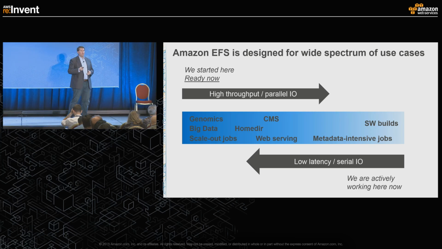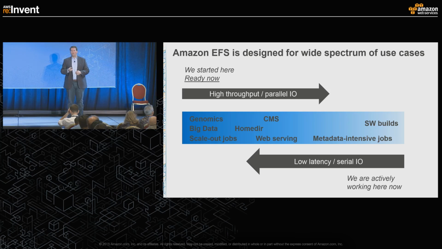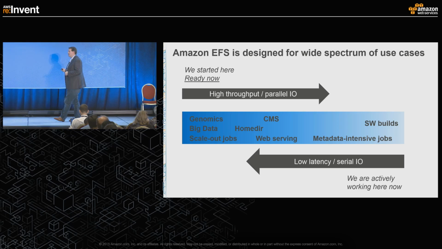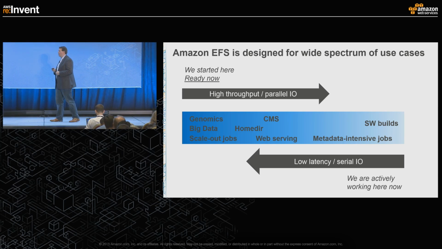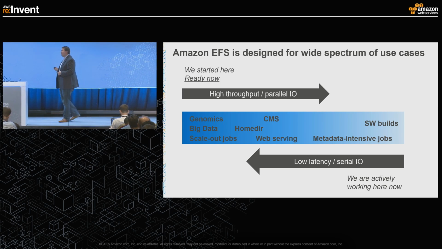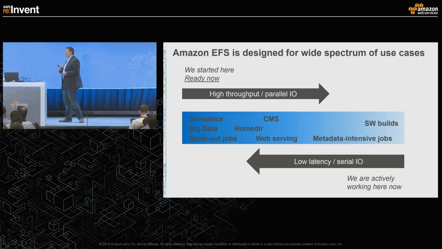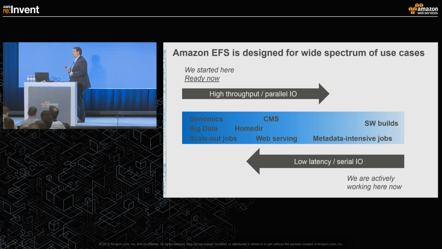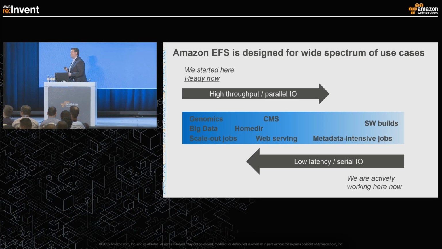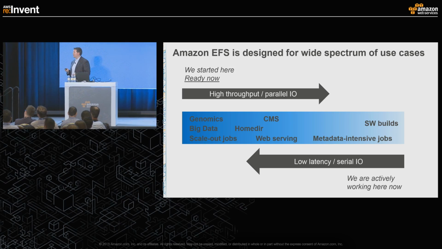So what types of workloads is EFS appropriate for, and what types of workloads should you be thinking about consuming with EFS? Well, EFS is designed for a wide diversity of workloads and a wide spectrum of use cases. We started with solving for an apex problem for high throughput and parallel I/O file system use cases.